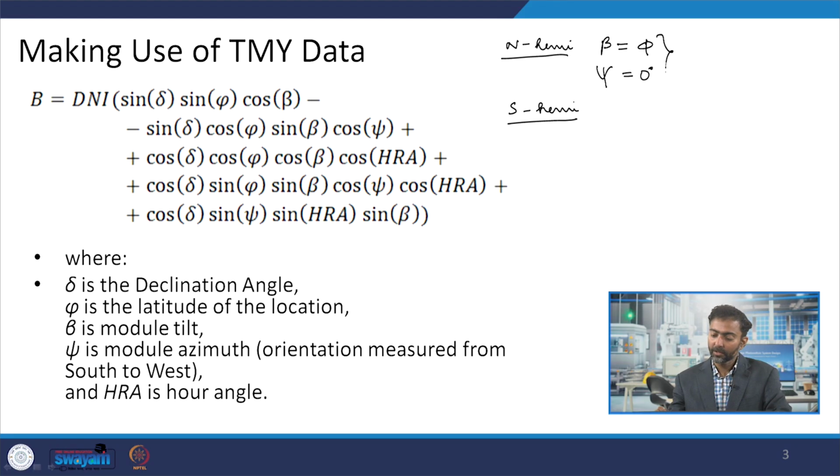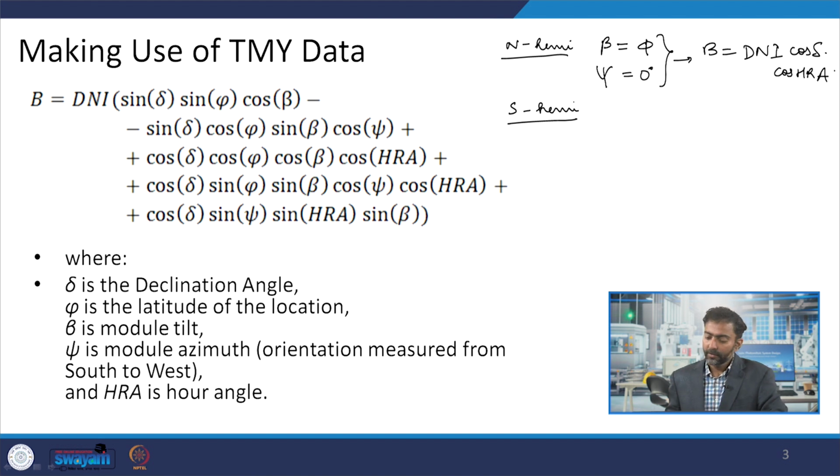So within the northern hemisphere we saw that with these two assumptions, which are the standard assumptions for the northern hemisphere, this complicated equation gets simplified to B equal to DNI cos delta cos HRA.